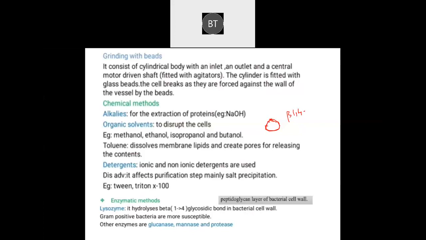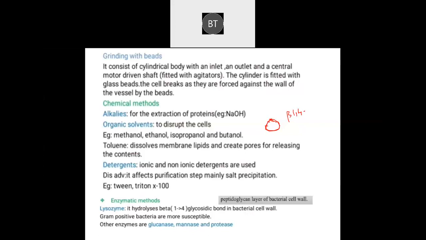If it is a fungal cell, it can be lysed using enzymes like chitinase, cellulase, and mannase. So enzymatic lysis can be used for both bacterial and fungal cells, but of course, you use different enzymes.